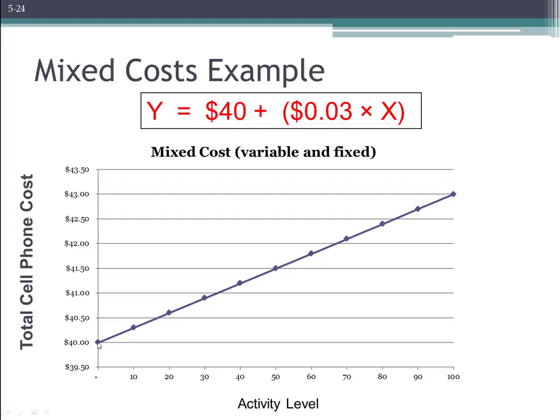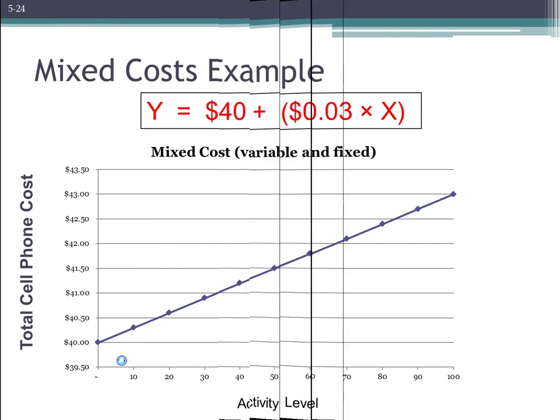Notice that when we plot these things on a graph or a chart, we'll have that same upward slope to show that there is a variable component. But also notice that wherever that line intersects the y-axis, the one that goes up and down, that represents the fixed cost. And the rest of that is your variable cost going up from there.